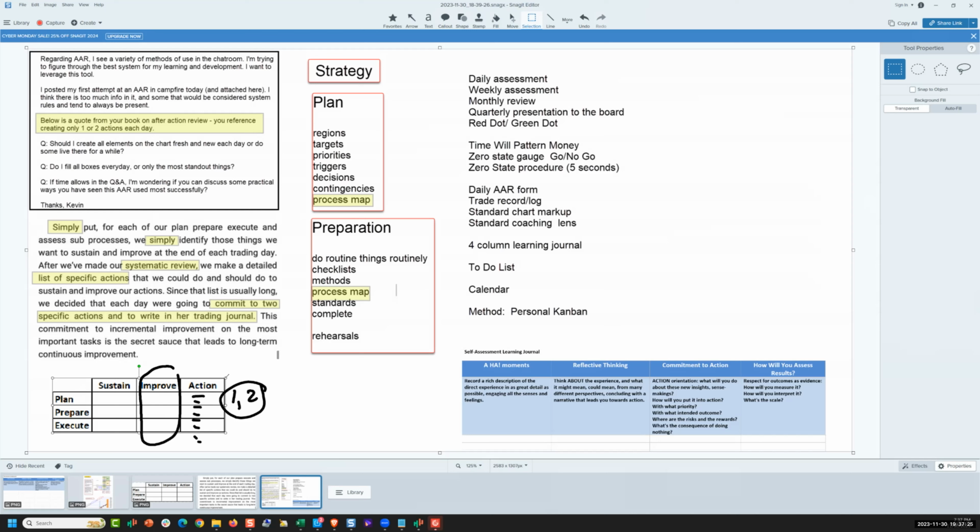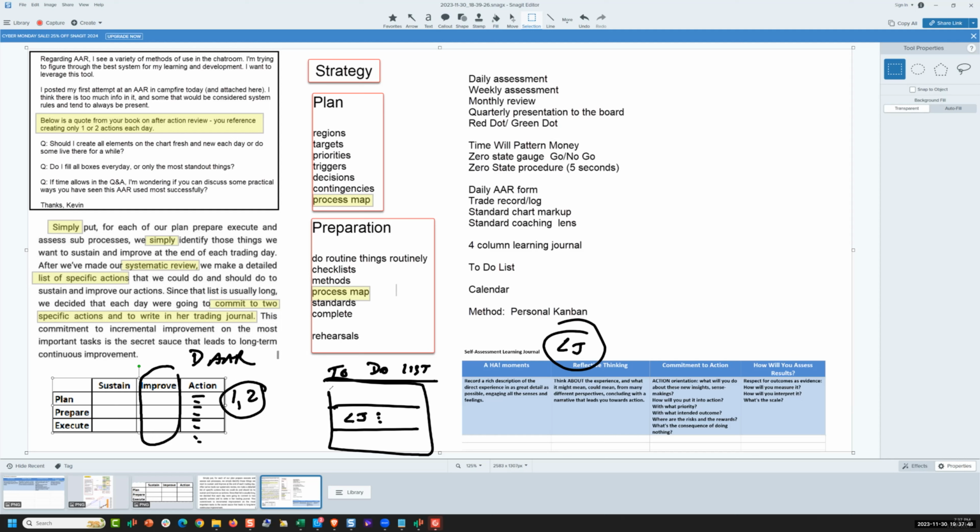Now, what I'm going to do is I'm going to go from my daily AAR form to a to-do list. The to-do list contains all of the actions that I'm going to do. Some of them are associated with tasks that are driven by the learning journal. And some of them are going to be: study the lessons in the foundations course.